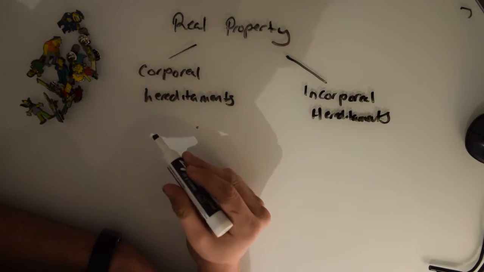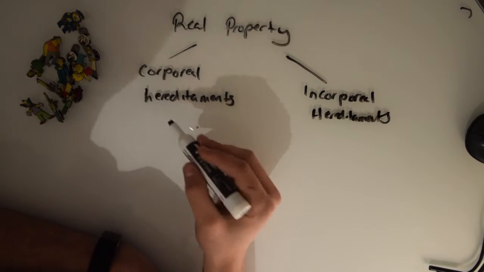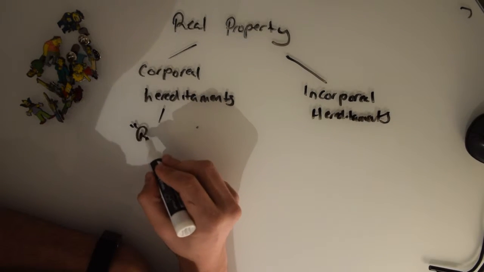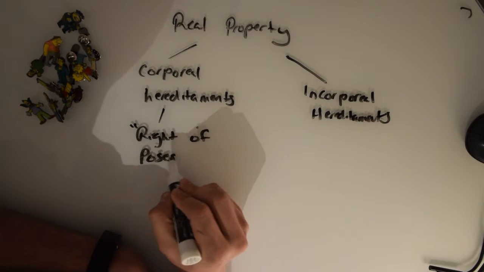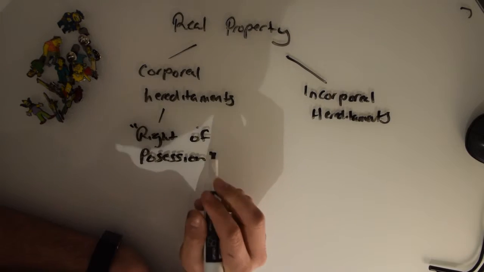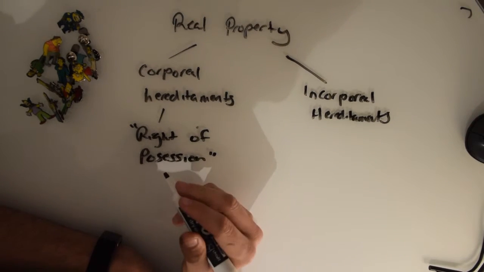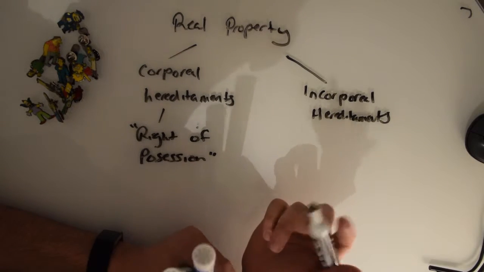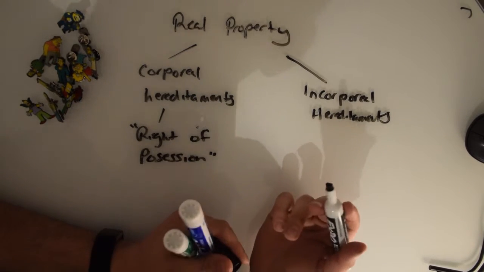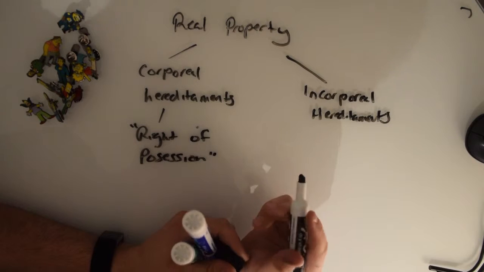Corporeal hereditaments is a right of possession. So this is tangible real property, your right to possess tangible real property, such as your right to live in your house that you own.